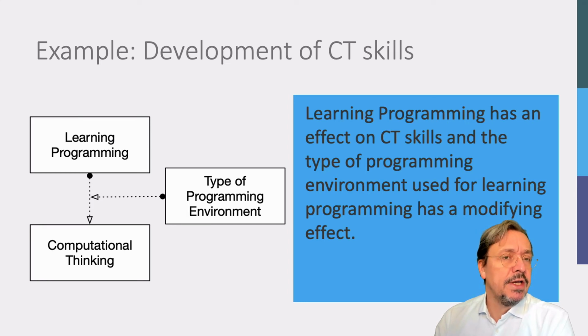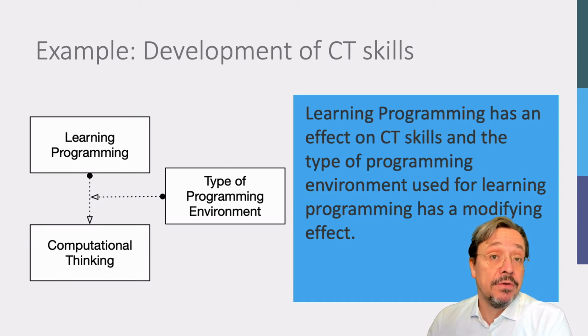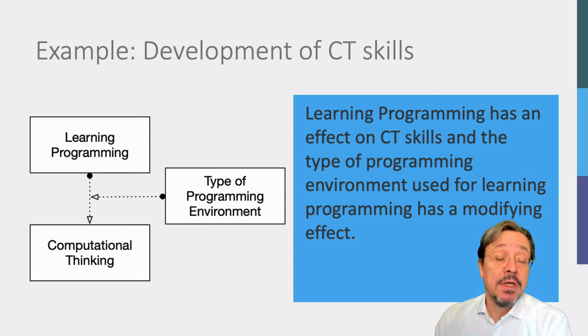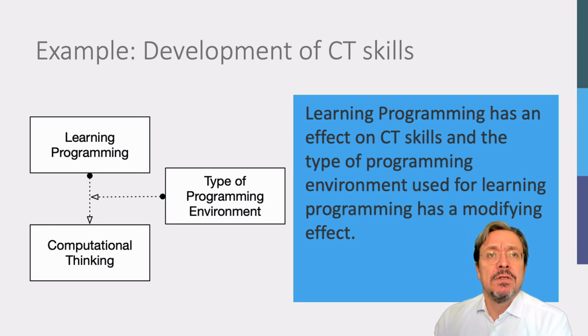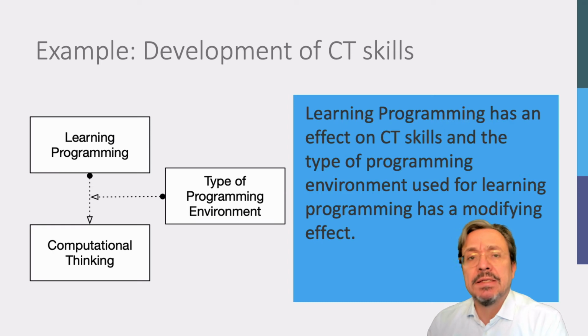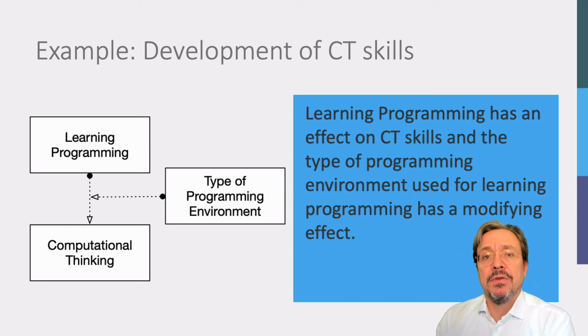So there's a relationship. We think that learning programming might help you to grasp concepts of computational thinking, which are abstraction, decomposition of your objectives, and so on. But we also assume that the type of learning environment you use might have a modifying effect on this, so that you might learn different things depending on the environment or the programming language you work with.